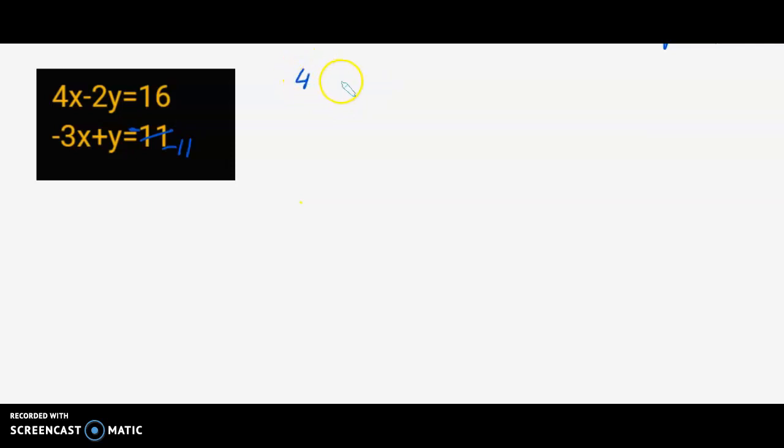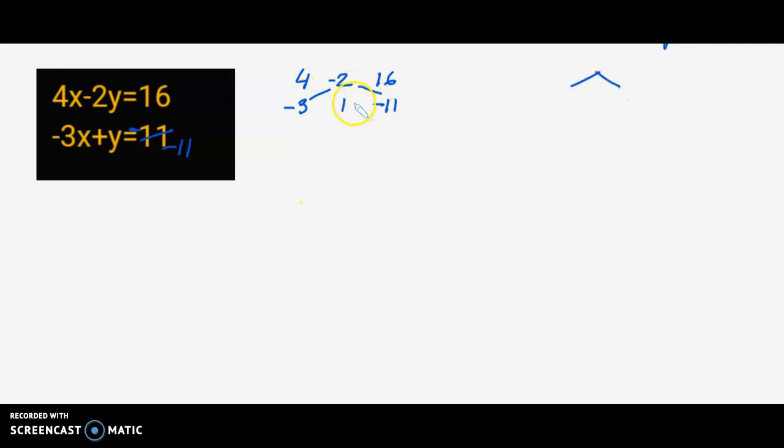Write down the coefficients and the constants as we did in the previous case: 4, minus 2, 16, minus 3, 1, the coefficient of y is 1, and then here minus 11. And then just remember this inverted V.